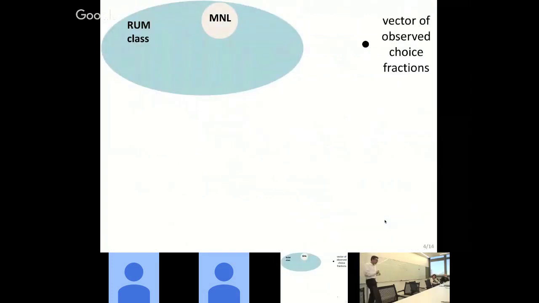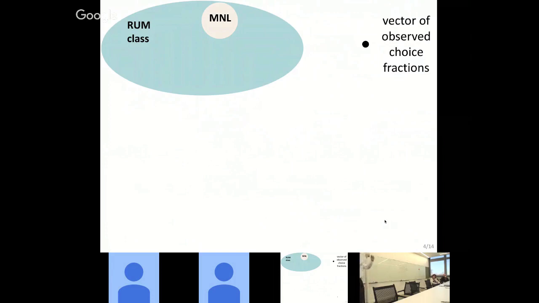Now, to figure out how to use this limit of rationality, here's a cartoonish or pictorial representation of what we're doing. If I represent all discrete choice models within the RUM class in this big blue oval, then inside that we have this smaller gray circle, which is the subclass of all multinomial logit choice models.